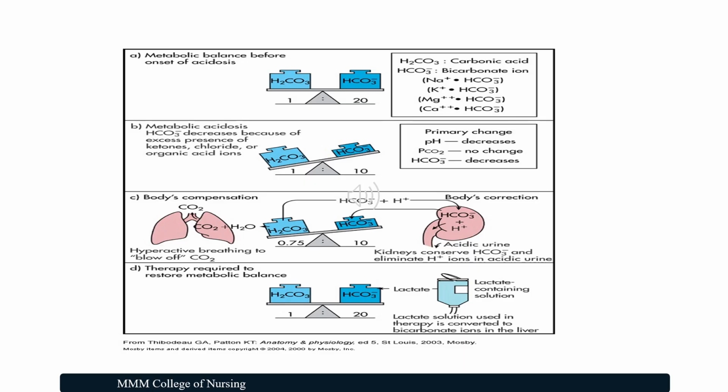So the ratio, which is 1:20 before the onset of acidosis, decreases to 1:10. The body tries to compensate by excreting carbon dioxide, in turn to increase the bicarbonate level.